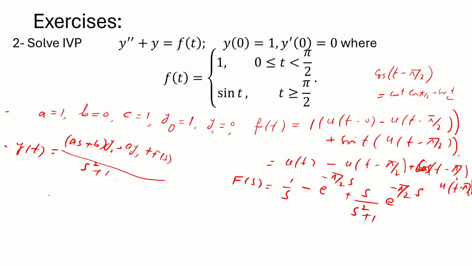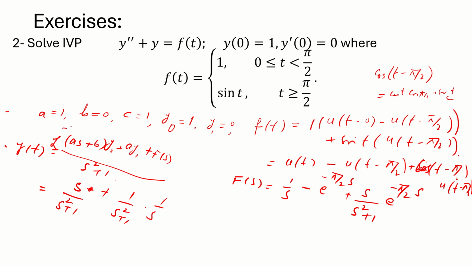Now putting all these values, a is 1, b is 0, y naught is 1, y1 is 0. So we'll simply get s into 1 plus f of s, which was found as s by s square plus 1 plus 1 over s square plus 1 into 1 over s.